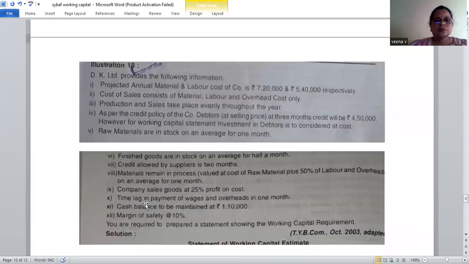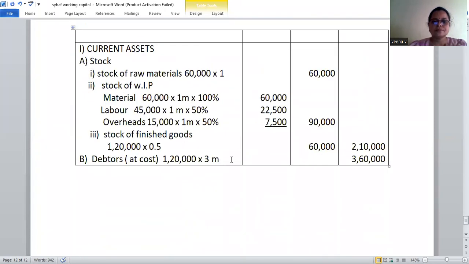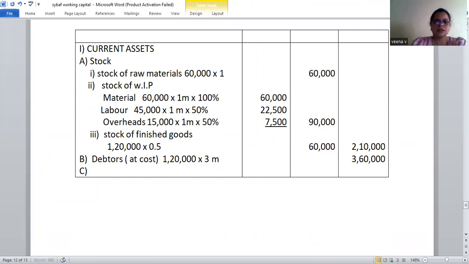Again, check whether all adjustments are over or not. Cost of sales we have considered, production and sales considered, credit policy we have already considered, raw material done, finished goods done, credit allowed by supplier 2 months, it is a liability. Material remaining in process done, company sells goods for 25% profit done, time lag in payment of wages and overheads is a liability. Again, cash or bank balance is 1,10,000. So C, cash and bank balance is 1,10,000.